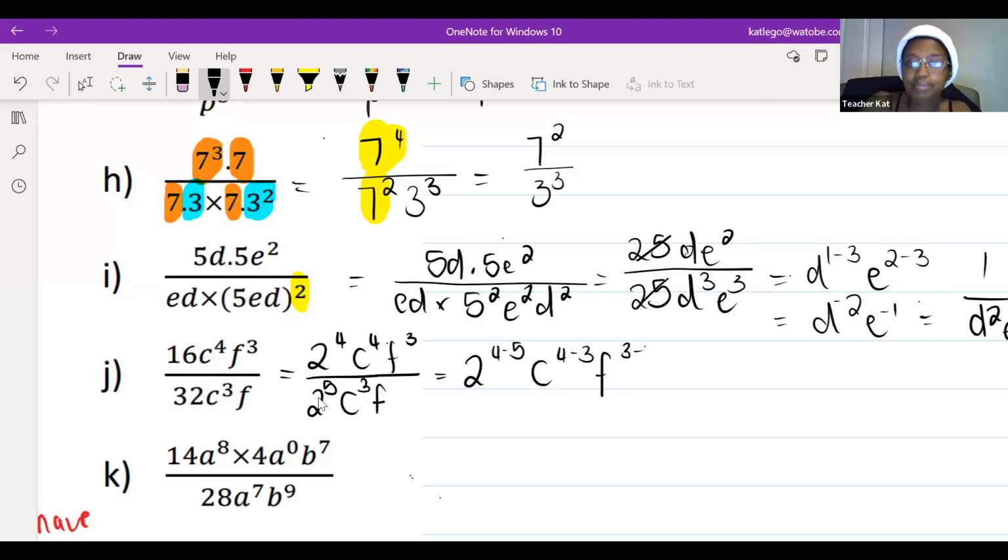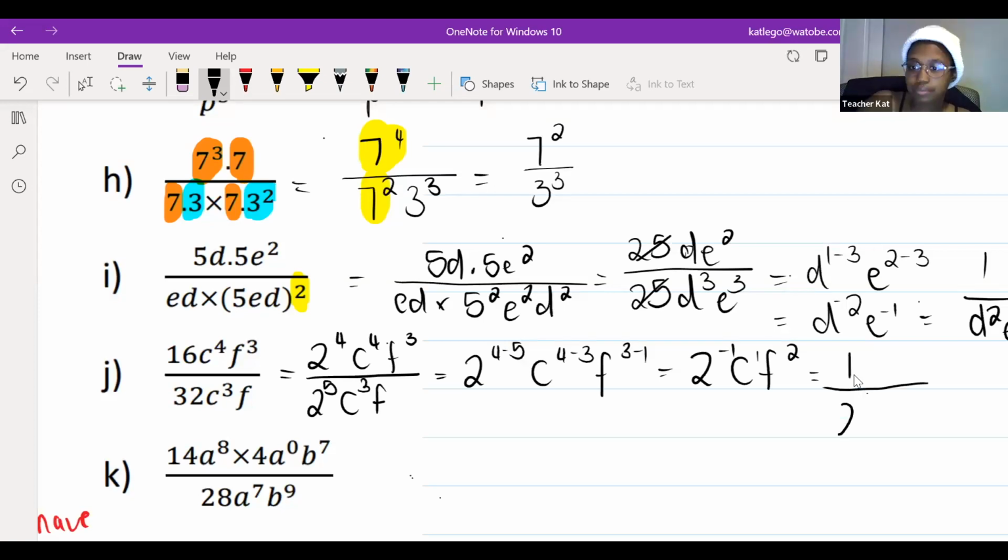Then I got 2 raised by negative 1, C raised by 1, and F raised by 2. Then I said 1 over 2 raised by 1.